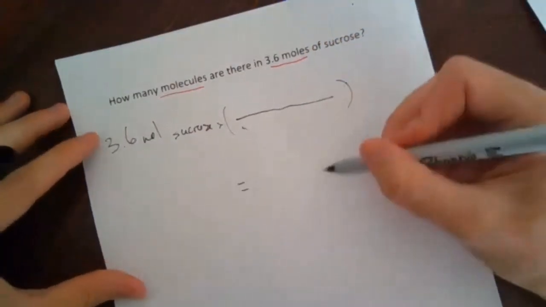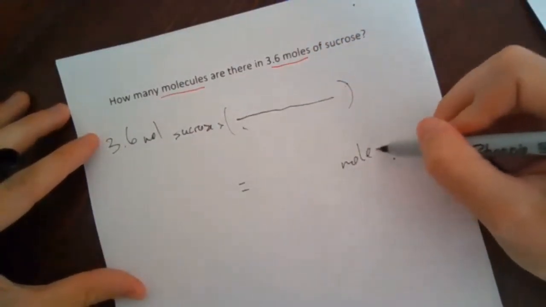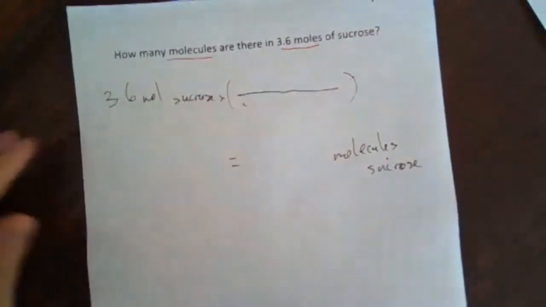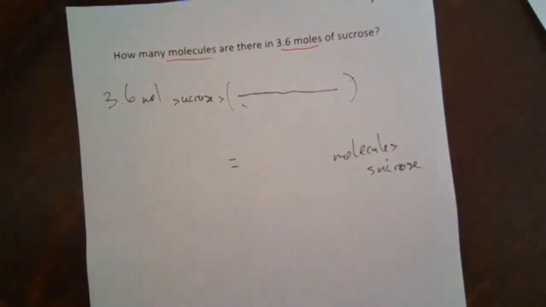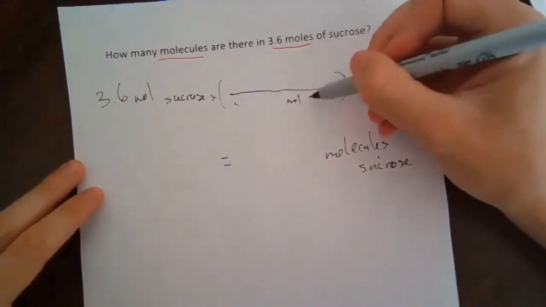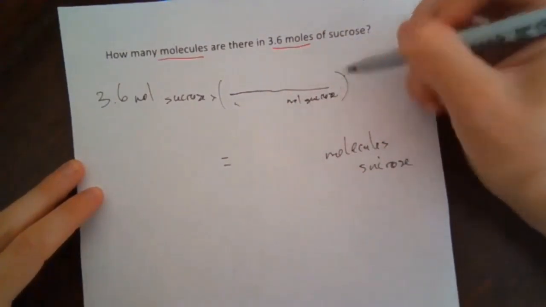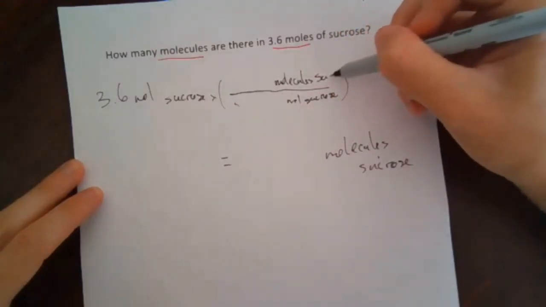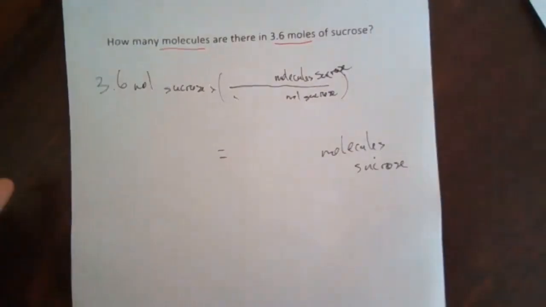And then what we're going to end up with is molecules of sucrose. Okay, and so if we set this up, we know down here I want mole of sucrose. Here I want molecules of sucrose.